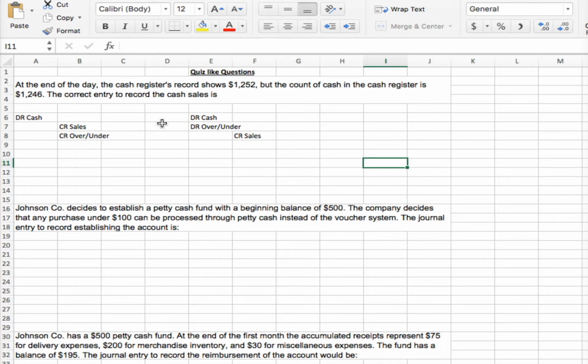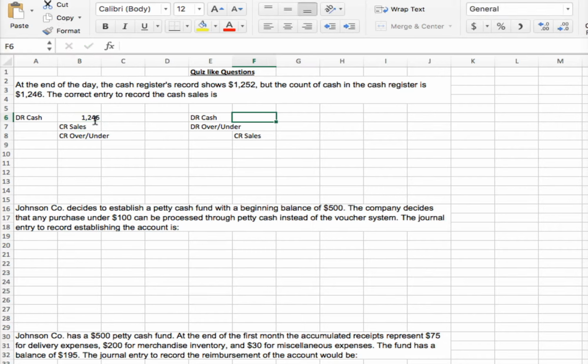In this case, the cash register's record shows 1,252, which means that that's what it should be, but the actual amount of cash is 1,246, so the actual cash is less than what it should be. So regardless of which way it is, more or less, you can go ahead and put in the cash.